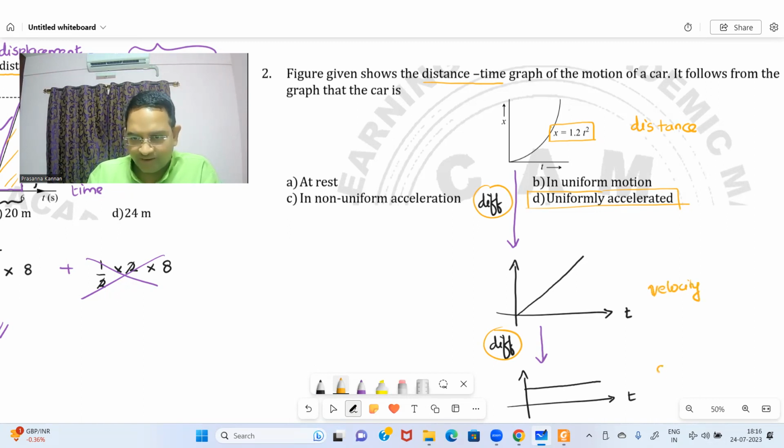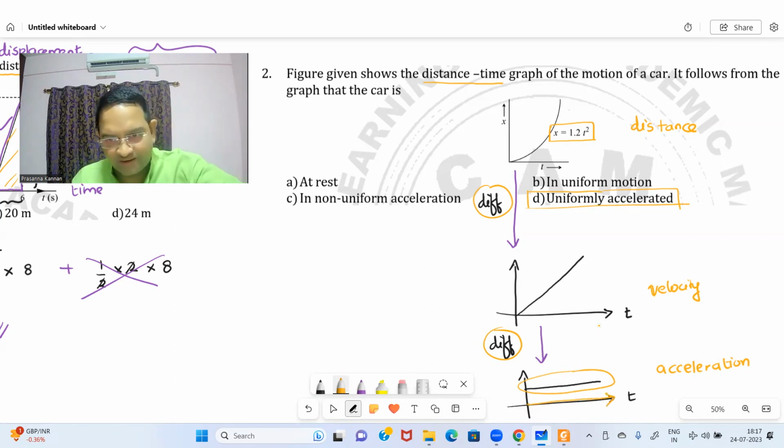And when I differentiate that, I get acceleration. So how is the acceleration-time graph? Isn't the acceleration constant? Although time is changing, the y value is not changing. Is that clear, students? Therefore, the right answer is the 4th option.